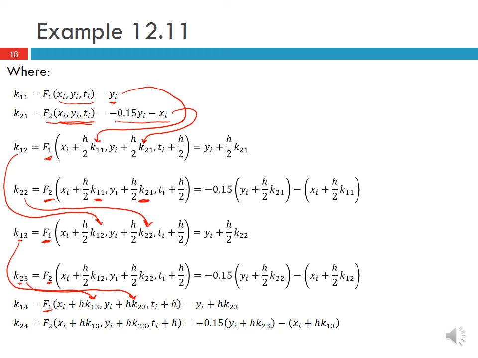Similarly for k24, the 2 indicates the second function, evaluated at exactly the same point as k14. If you recall, we're subbing these in at each step, so the Runge-Kutta method requires this sequential evaluation.